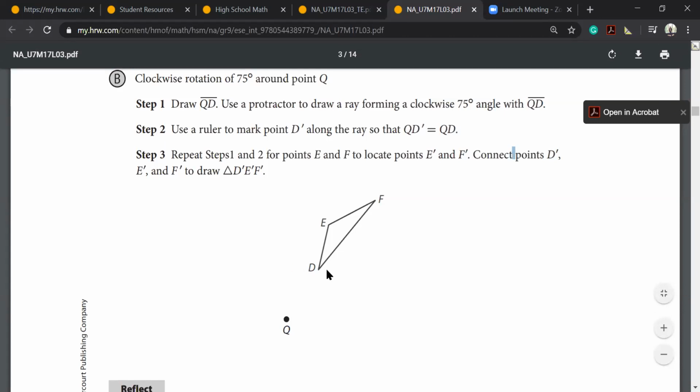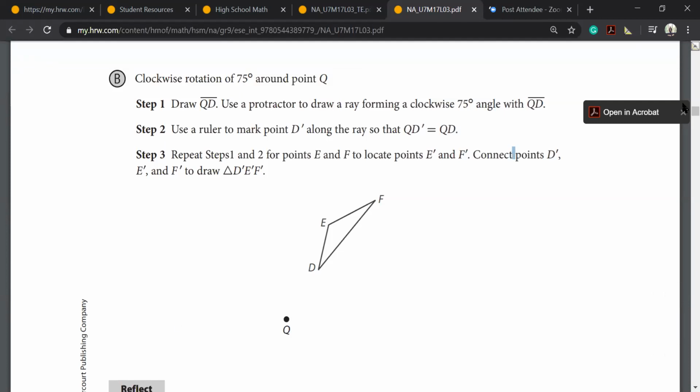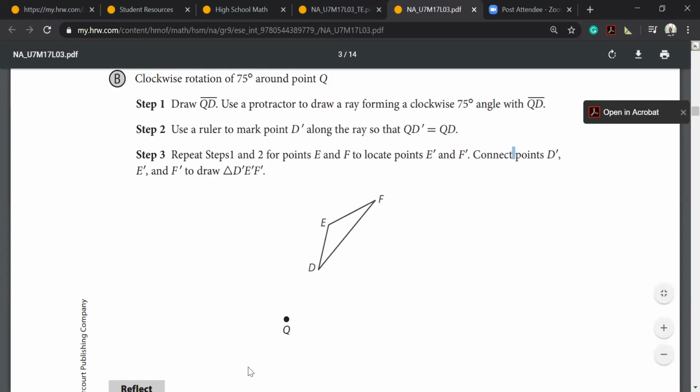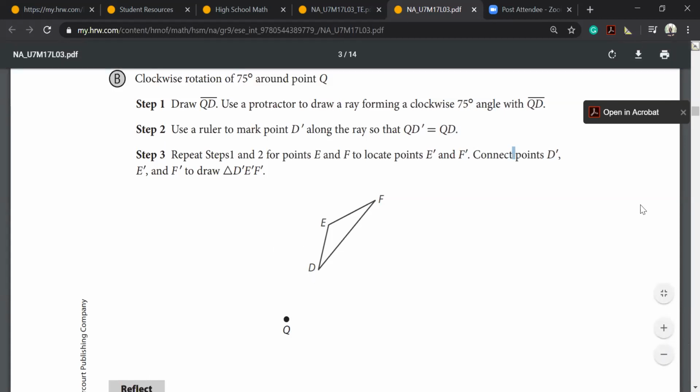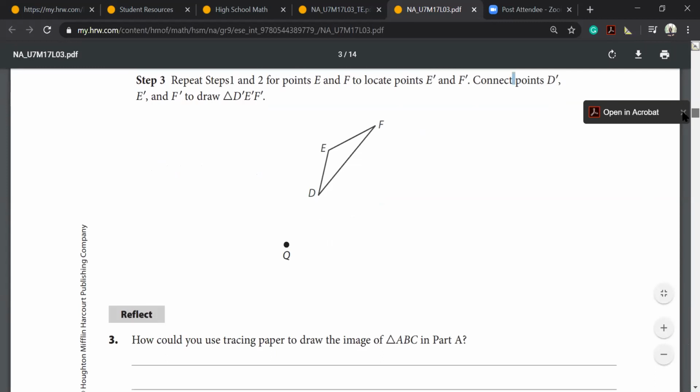If I put my protractor in this way and start to measure the angle, he wants to rotate it 75. If I put it in this way and start to measure 75 degrees, it will be landing somewhere in here. So D will be moving from here to here. Is this clockwise? It's not clockwise. That's why we are not going to put the protractor in this way.